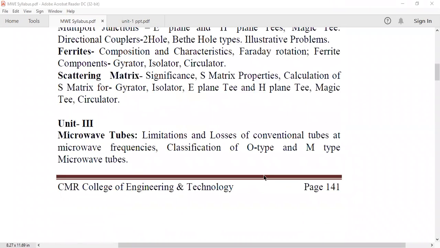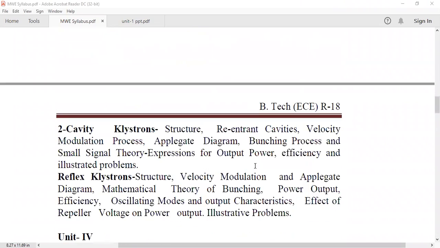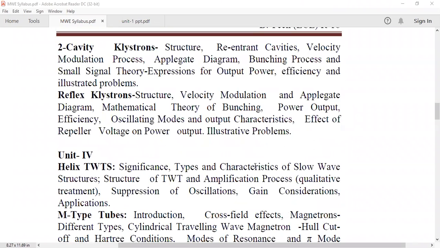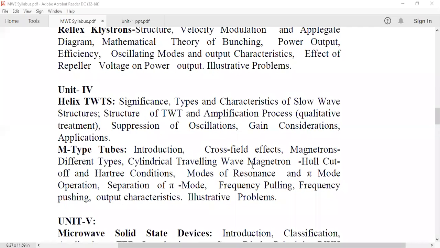Microwave tubes: you have the two-cavity klystron and reflex klystron. From these two, one question, A or B. A is the two-cavity klystron, B is the reflex klystron. In unit number 4, two things are there: one is the helix TWT and the second is the M-type tubes, magnetron.